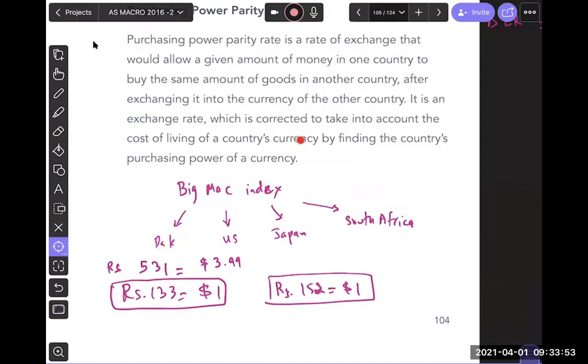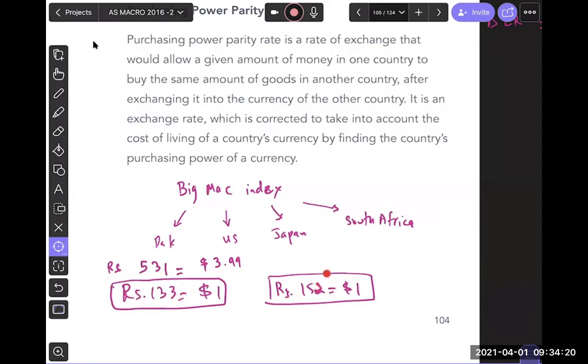It is an exchange rate which is corrected to take into account the cost of living. Big Mac is cheaper to make in Pakistan, guys, and that's why while we believe that currently the exchange rate is $1 is equal to 152, this exchange rate does not take into account the fact that a lot of goods in Pakistan are much cheaper. Rupee ideally should be roughly 133 rather than 152.